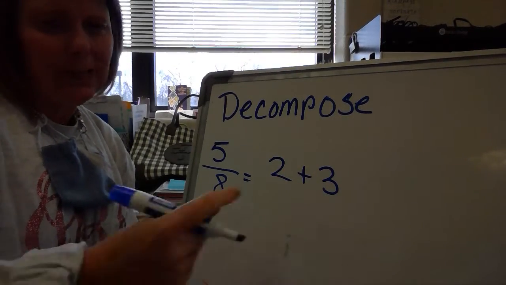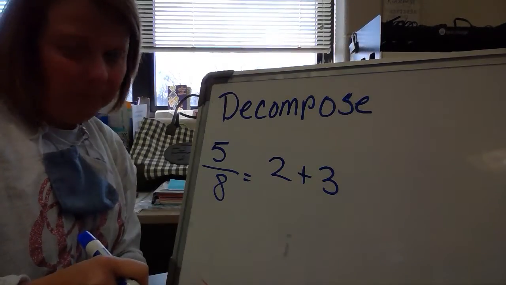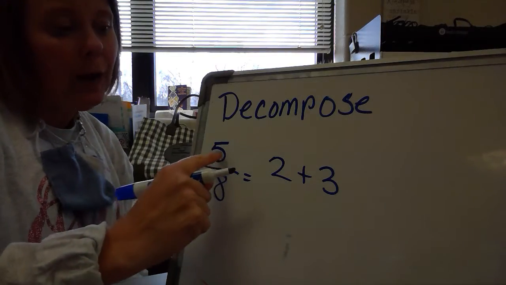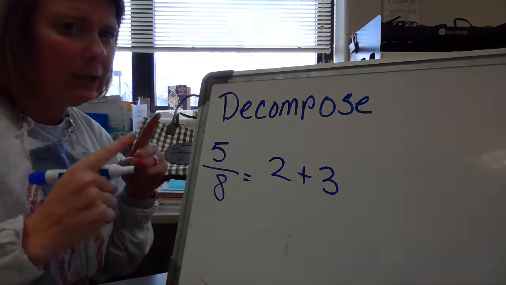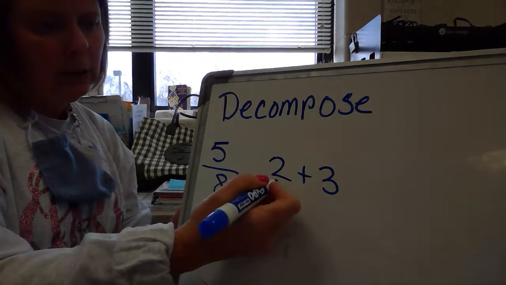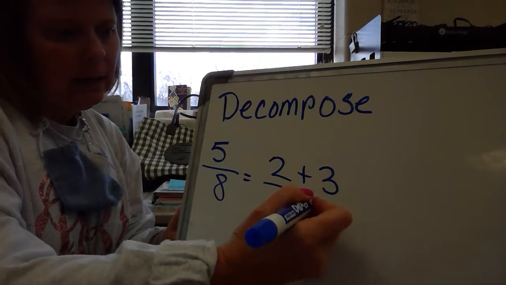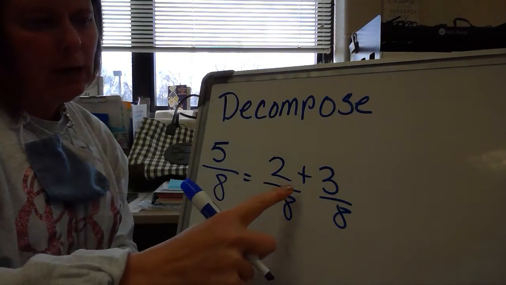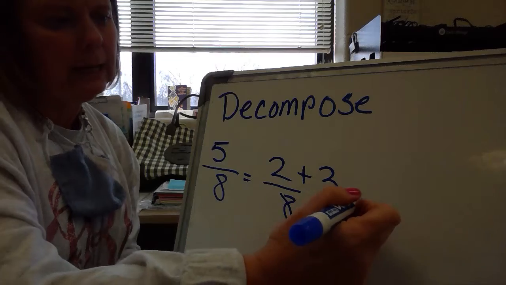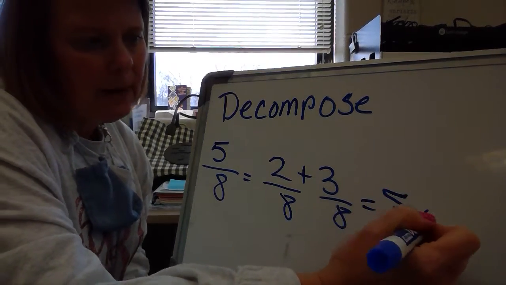Doesn't 2 plus 3 give me 5? I could decompose 5/8 by saying 2 plus 3. But remember, we're talking fractions, so we need a numerator and a denominator. 2/8 plus 3/8 equals 5/8.